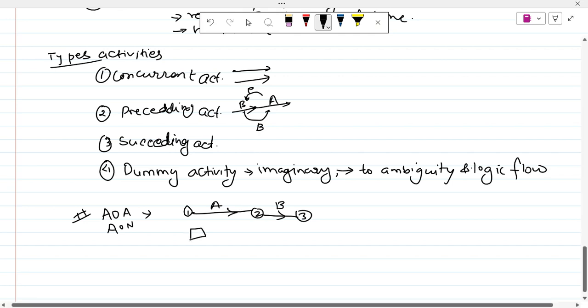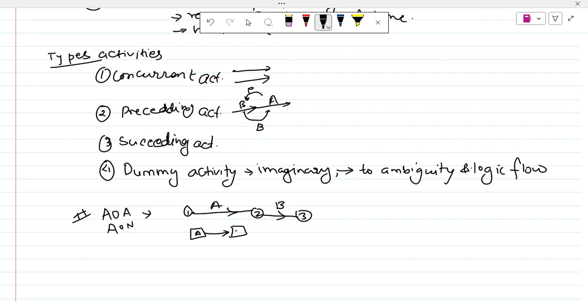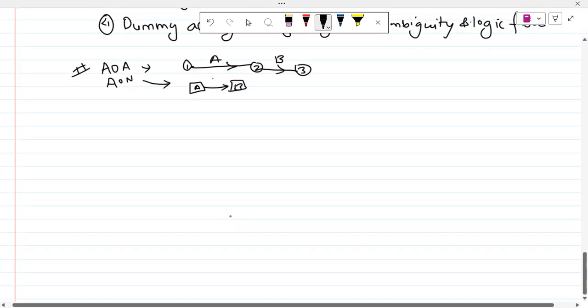Whereas in this kind of representation, we represent A and B on nodes, and this is just an event. So there are two kinds of representation: general representation of activity and event.